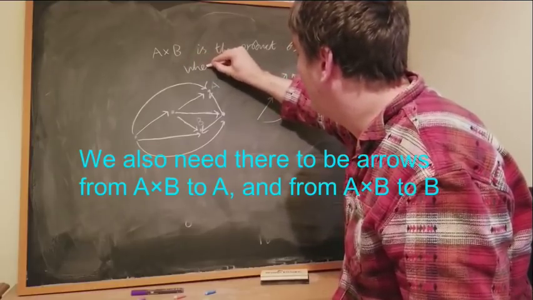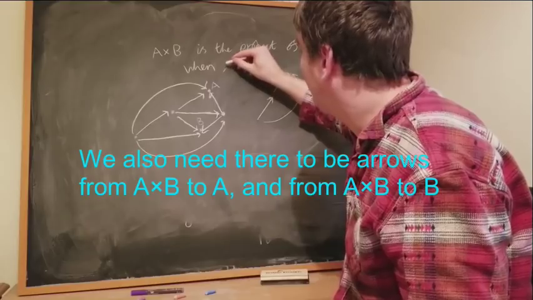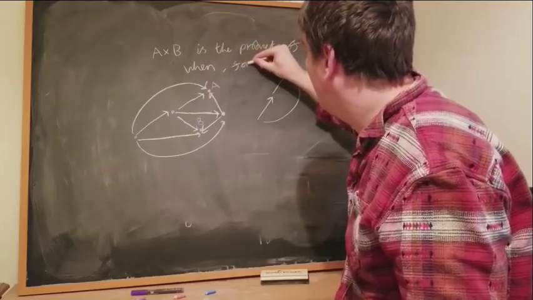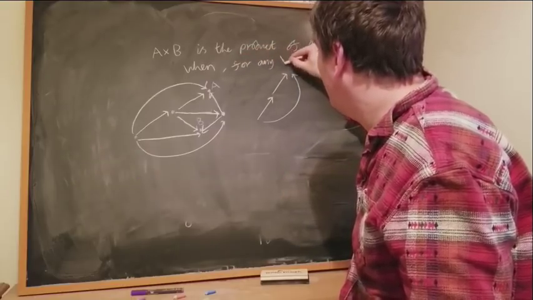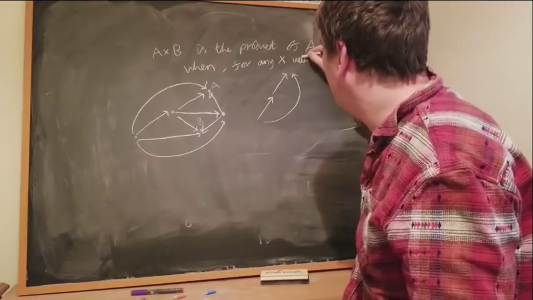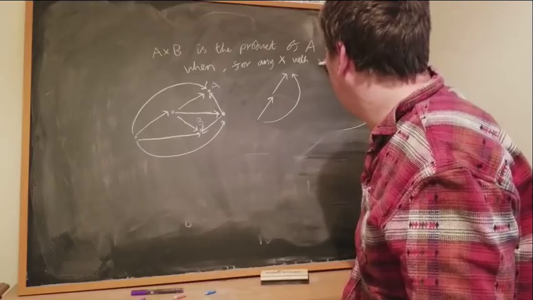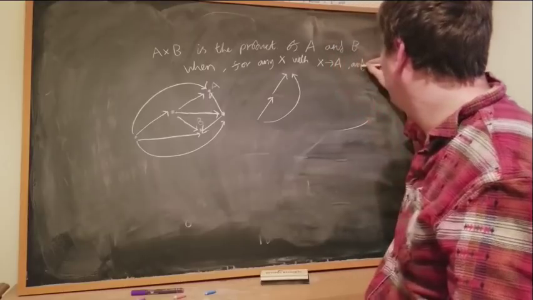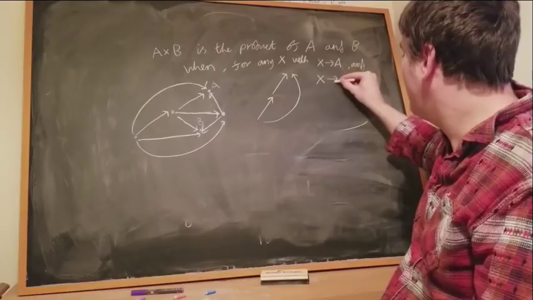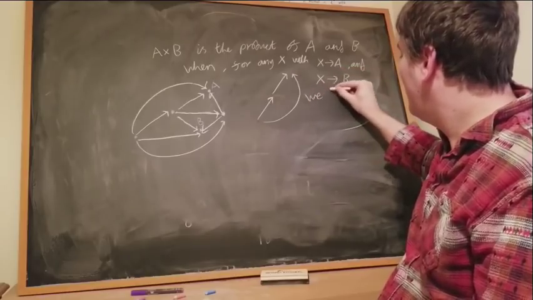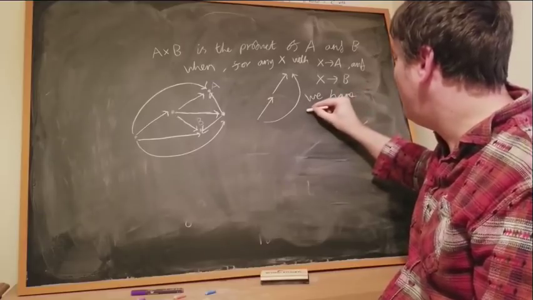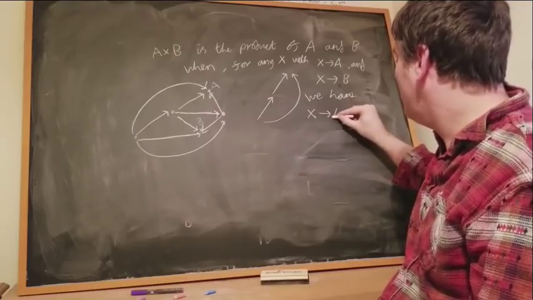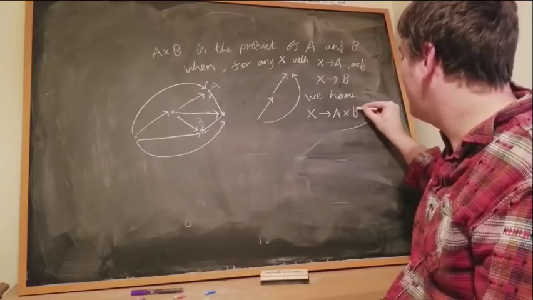when for any x with an arrow from x to A and an arrow from x to B, we have that there's an arrow from x to A times B, the product.